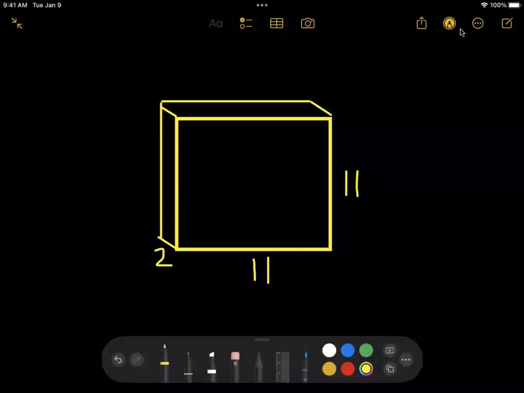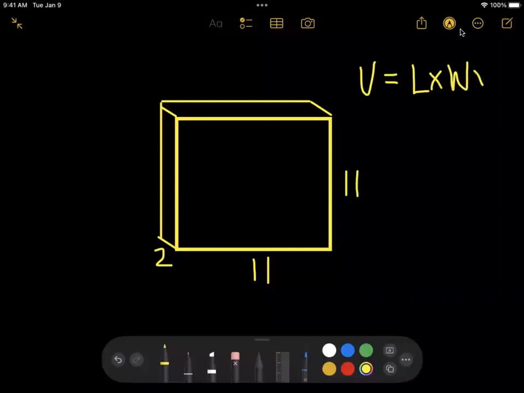Okay, here's another example. This rectangular prism is going to be 11, 11, and 2. So to find the volume of this rectangular prism, we need to do length times width times height. So that means we need to take 11 times 11 times 2.